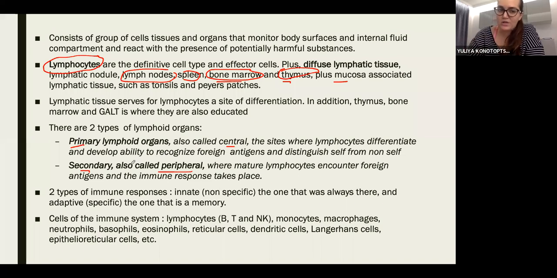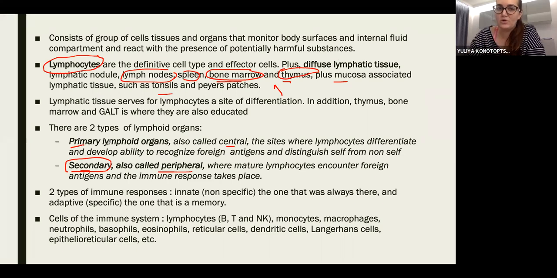All other organs, the ones that we saw here, your lymph nodes, spleen, lamina propria, tonsils, all of them are secondary lymphoid organs. And what can you think about them? This is the place where the lymphocytes go to work. This is their job place. Primary lymphoid organs are the place where your lymphocytes get educated.